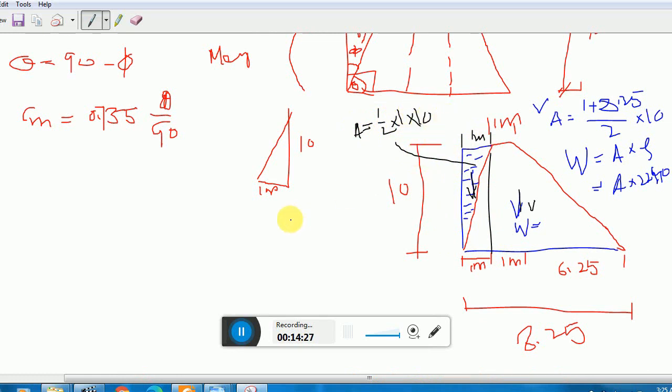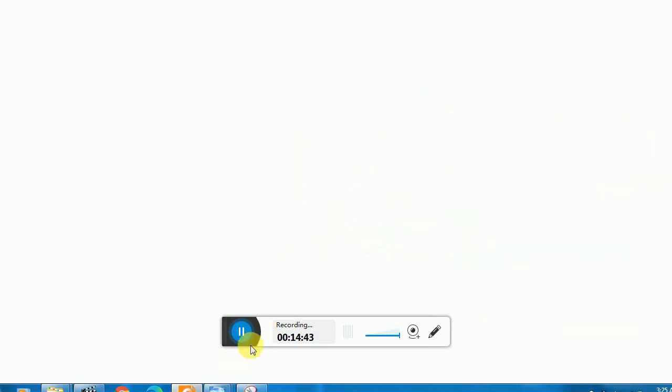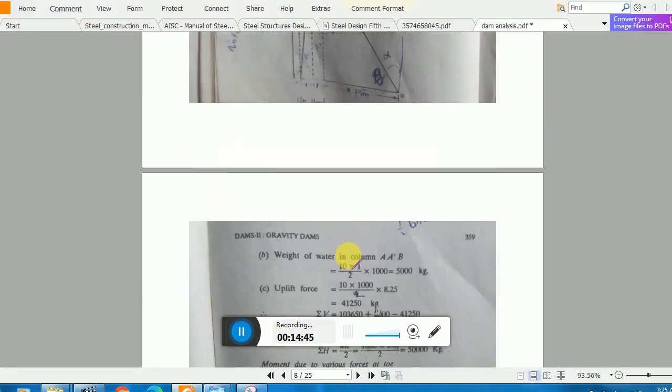Now the vertical force or the weight of this water body will be the area you got here times density of water, because this is water, so you multiply A with 1000. And let me show you, here you see 1 divided by 2, 1000. This will give you that amount.